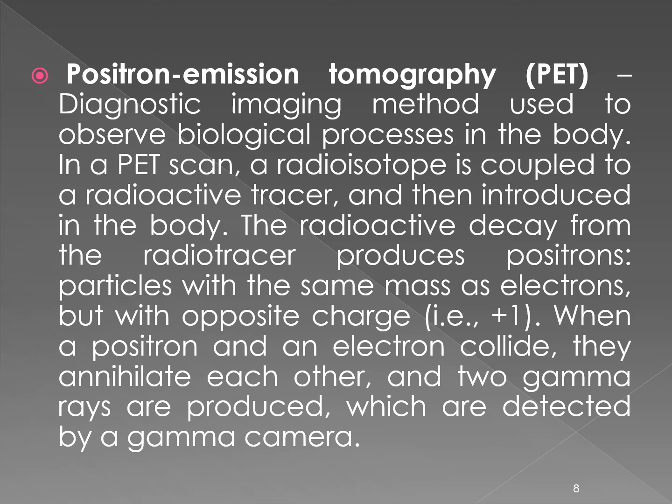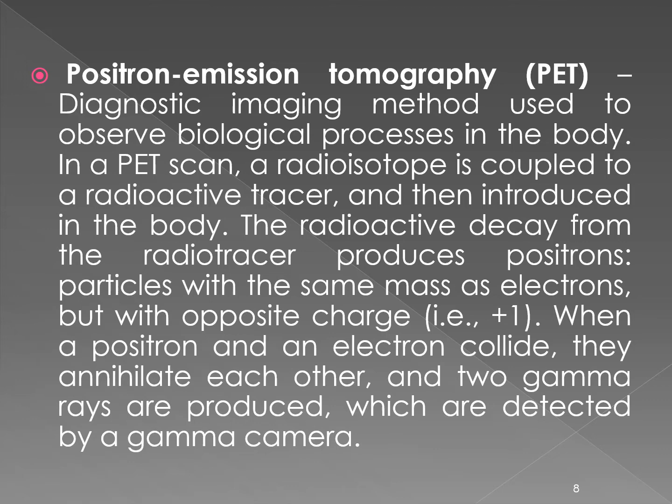Now, another application of autoradiography is positron emission tomography. This also comes in the section of autoradiography. It is a diagnostic imaging method in which we observe the biological processes inside the body.